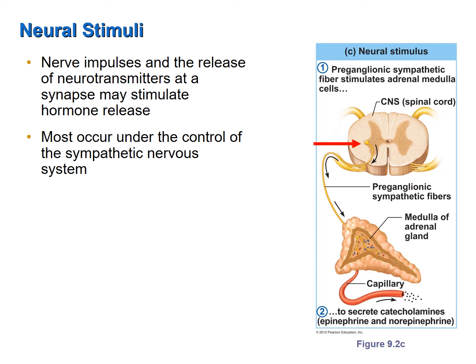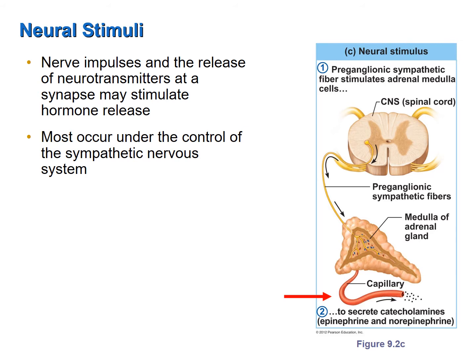That motor neuron sends action potentials down its axon to its axon terminals, which make synapses with glandular cells in the adrenal medulla. In response to neurotransmitters released at the axon terminals, those cells release the hormones epinephrine and norepinephrine, which enter the blood. This is just one example of how neural stimuli can cause the release of hormones.